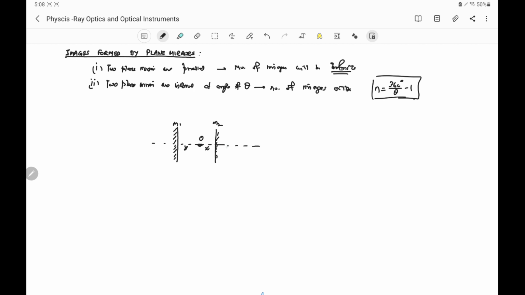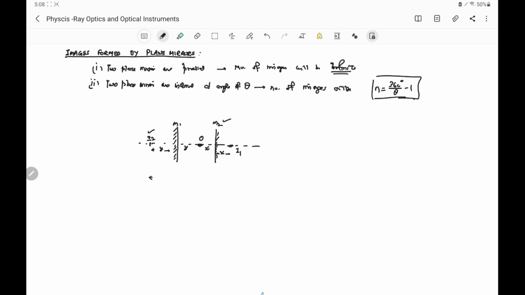So the first image formed, suppose, is I1 by the mirror M2. So this will be at a distance of x. Similarly, the image formed by M1 of the object, say I2, and the distance of the image will also be y.